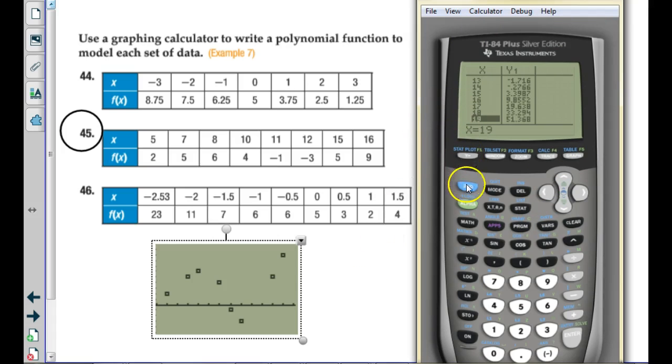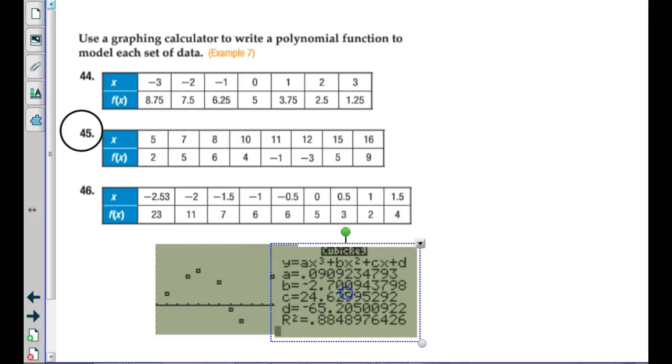All right, so I'm going to go back to the home screen, hit enter because it went away, and then we're going to just really quickly figure out how to write this down to 3 decimal places.